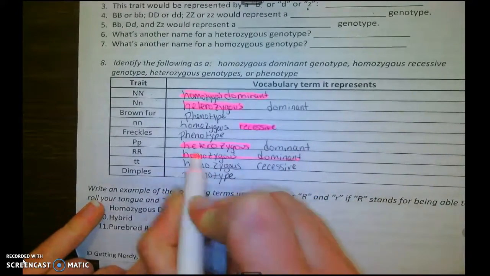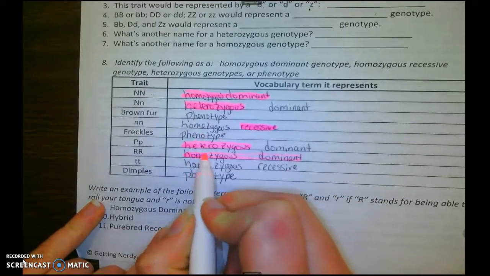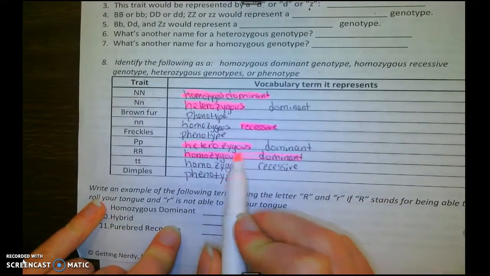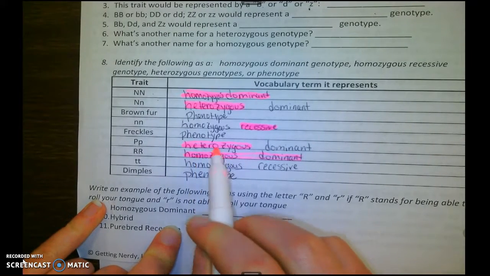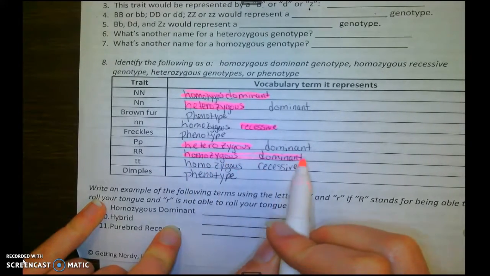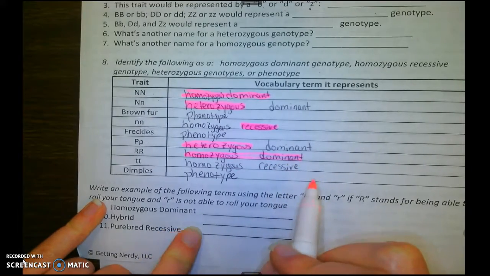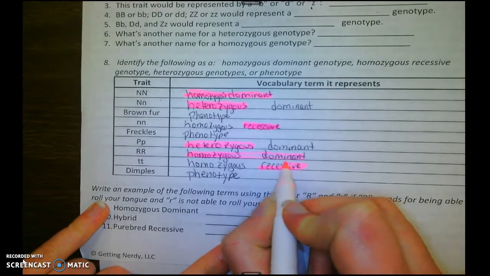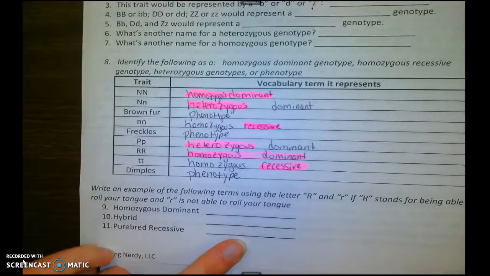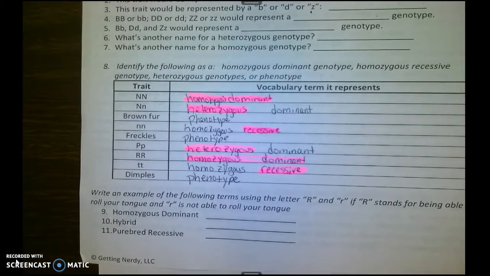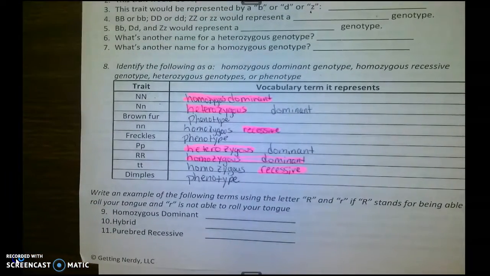The big important one is homozygous dominant. That's the one where you're going to have both talking about are they the same or different cases, and dominant meaning that they're both going to be capital. But everything else, I can either just talk about it being homozygous or heterozygous and recessive. So just wanted to point that out to you. You might see that later.